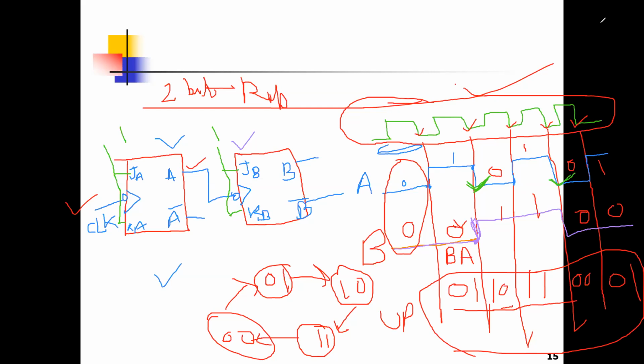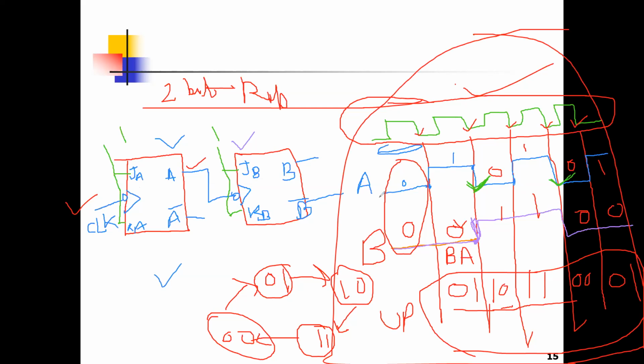Yes. And another one, Miss, what do you mean by JB and JA? It will always be 1, otherwise you will not get this waveform. What I'm saying is, if you don't connect with 1, 1, you will not get the waveform I gave you. If J is always 1, then whenever the clock comes, you will get 1, 1, 1, 1, 1.